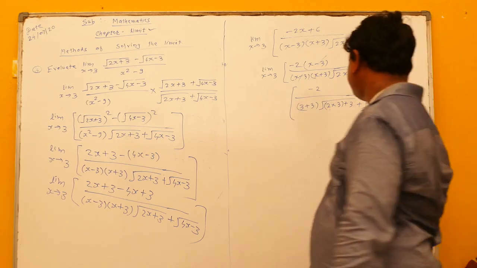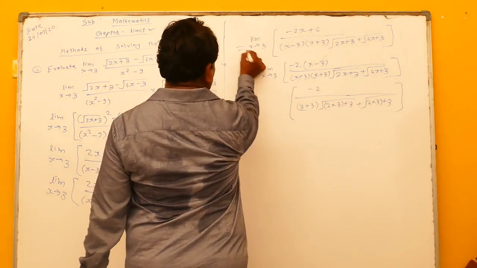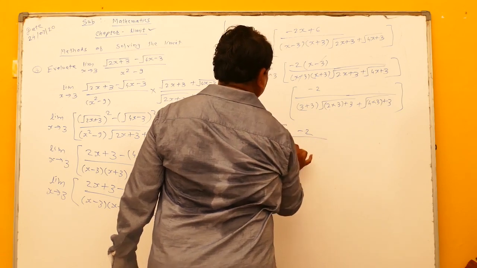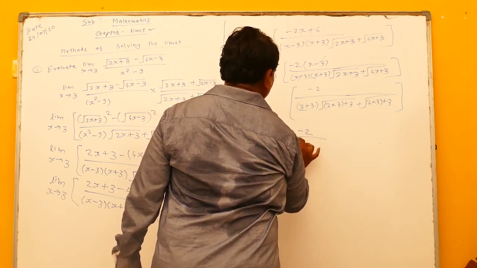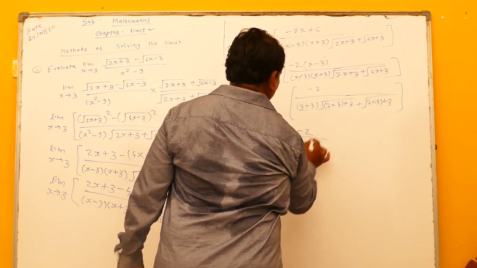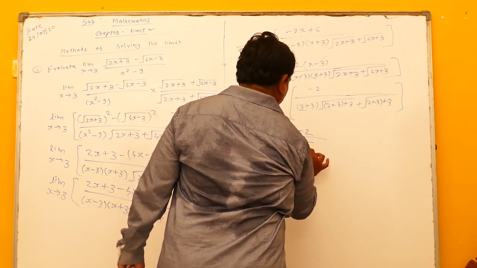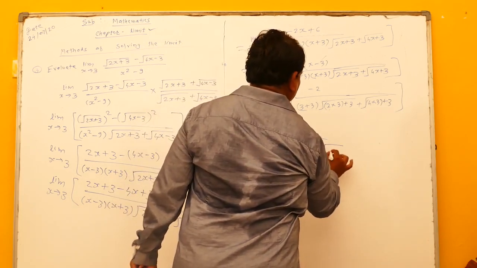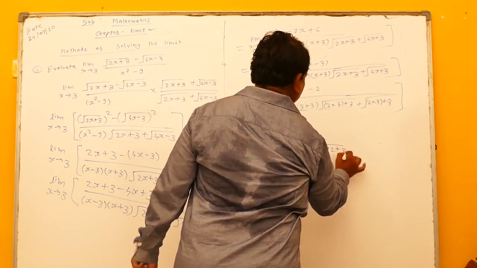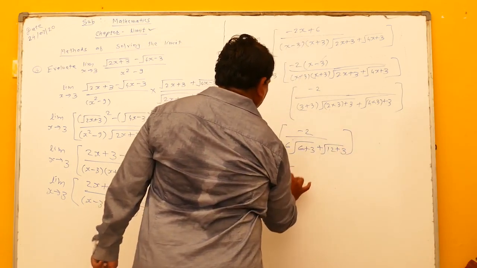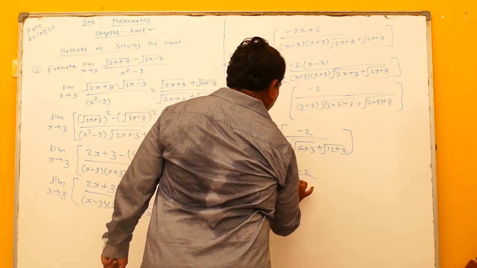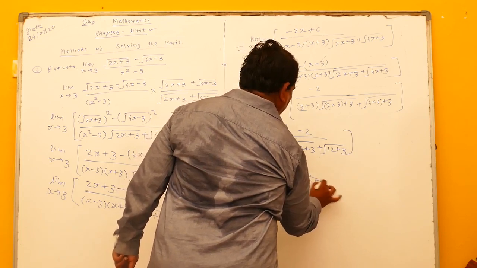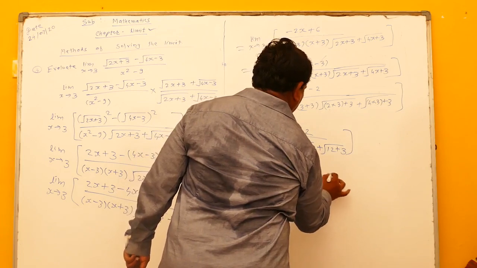That is equal to minus 2 divided by 3 plus 3, 6, into under root 2 times 3 is 6 plus 3, plus under root 4 times 3 is 12 minus 3. That is equal to minus 2 divided by 6 into under root 9 plus under root 9.